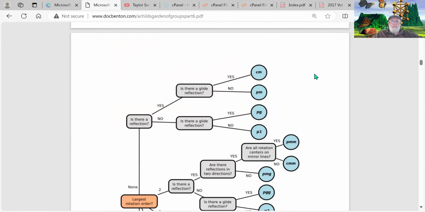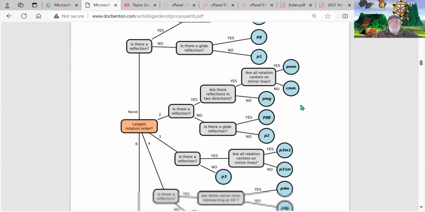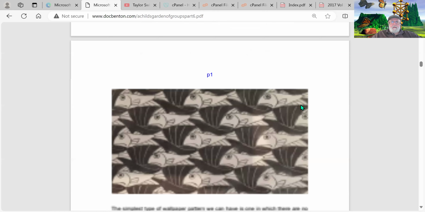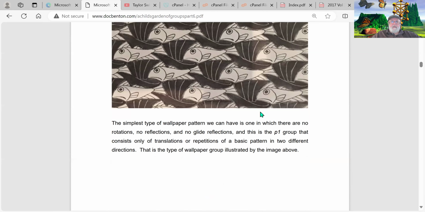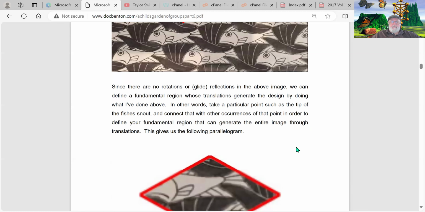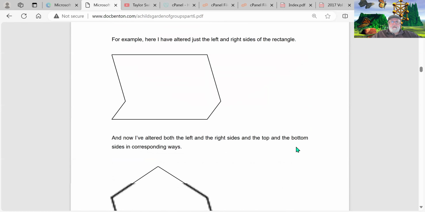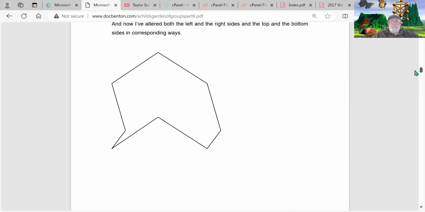I've got a flow chart which helps you identify the particular group related to a symmetrical pattern that you see repeated in a wallpaper design. And for all of these, I give several examples that follow and just kind of go over these things in detail.